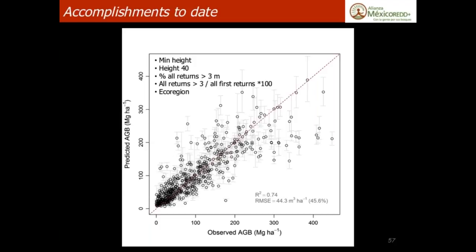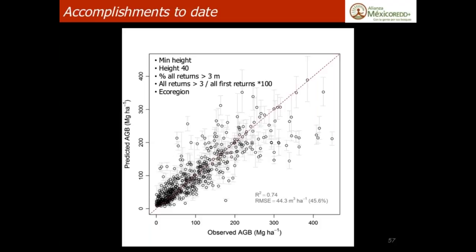Okay, so let's go back another slide. One more. Okay. The key to working with LiDAR is first being able to generate these profiles, which is relatively simple. But then we have to turn this into useful information.